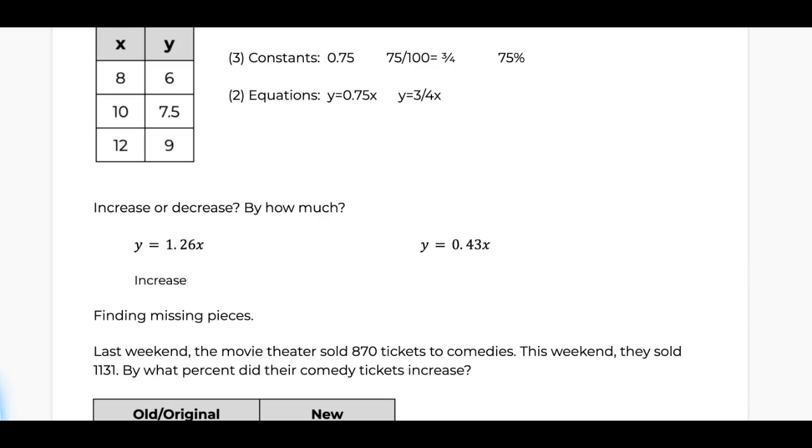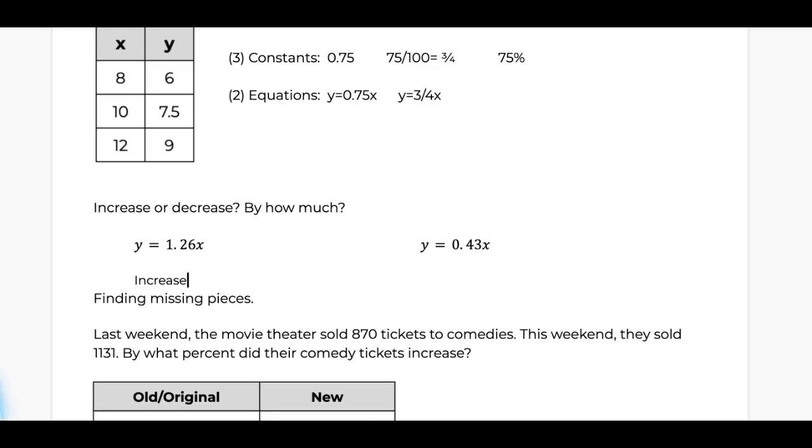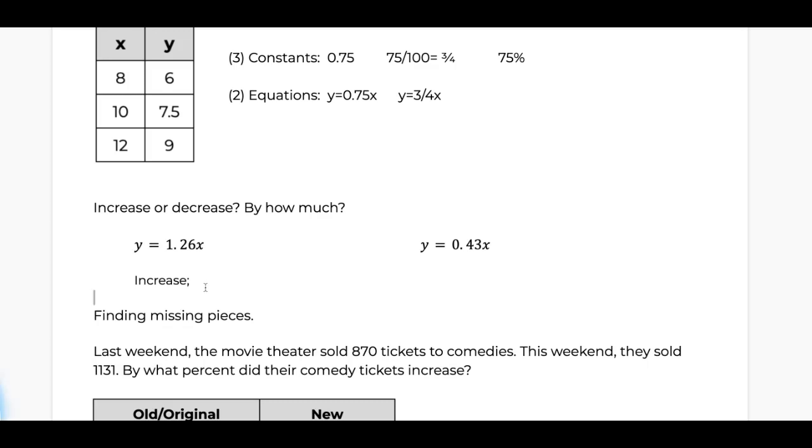So the reason for that is that the 1 represents the full amount, the 100%, and then you're adding to that. It's easy to see how much it increased because, again, the 1 represents the 100% plus whatever else is your percent increase. So it would be 26%.